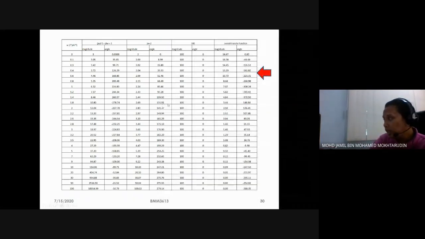Okay, so after that, you determine the magnitude and angle, then you can plot the magnitude and angle in S-plane. So you need to remember both plots: for Bode plot you plot in logarithmic graph, but for Nyquist plot, you plot in S-plane, in imaginary plane.